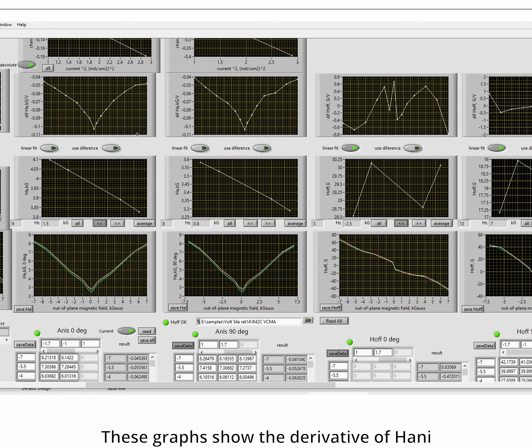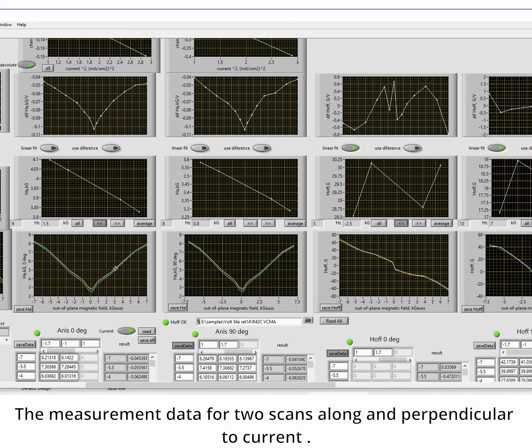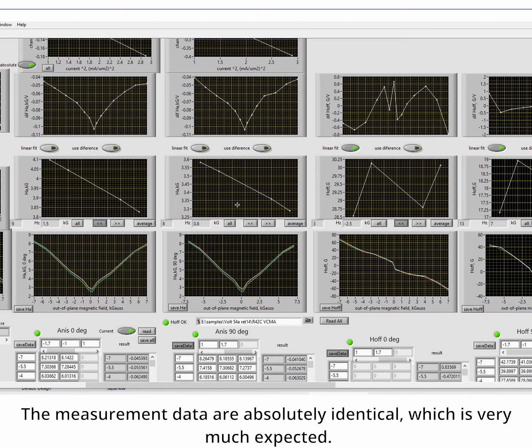This graph shows the derivative of the anisotropy field with respect to the gate voltage as a function of external magnetic field. This is data for the scans along and perpendicular to the current. The measurement data are absolutely identical, which is very much expected.